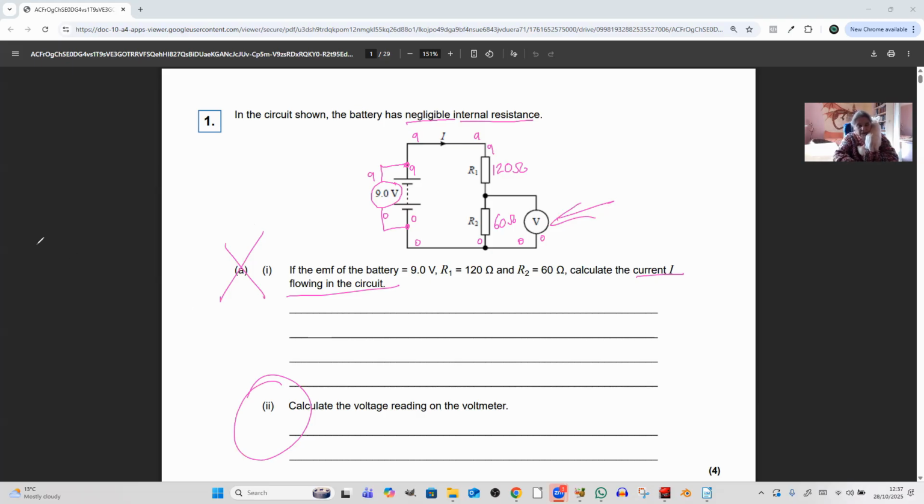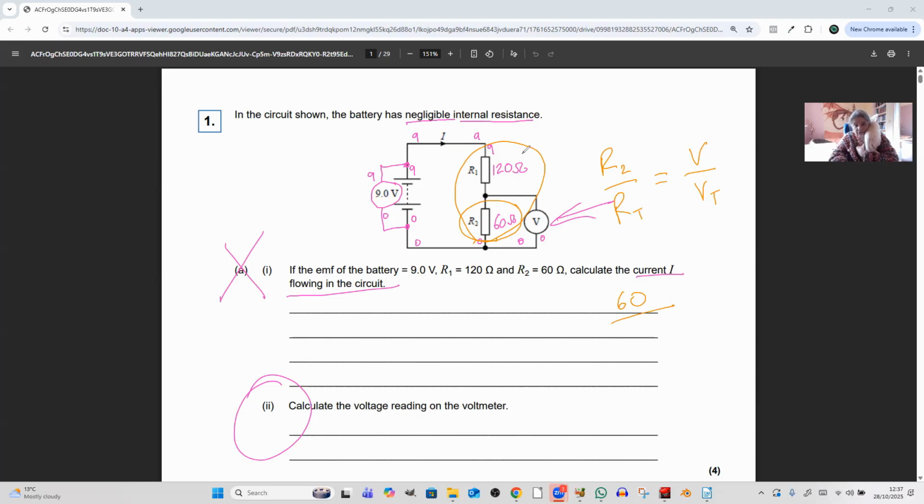Can you see, I hope you can, that the potential across there, V over V total, is going to be the same fraction as R2 over R total. R2 is 60.